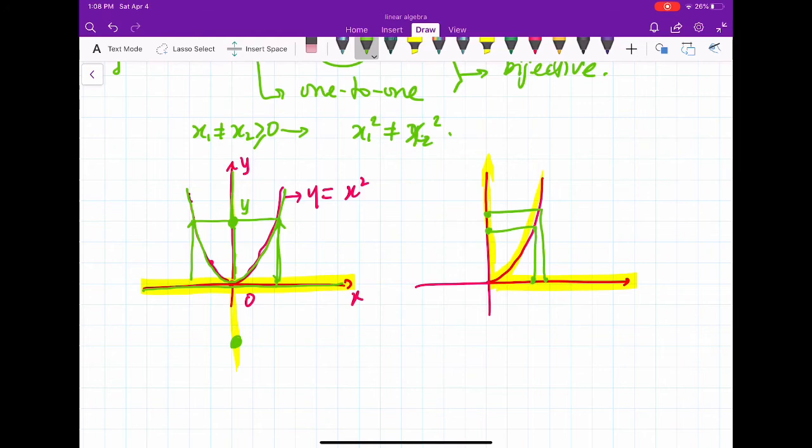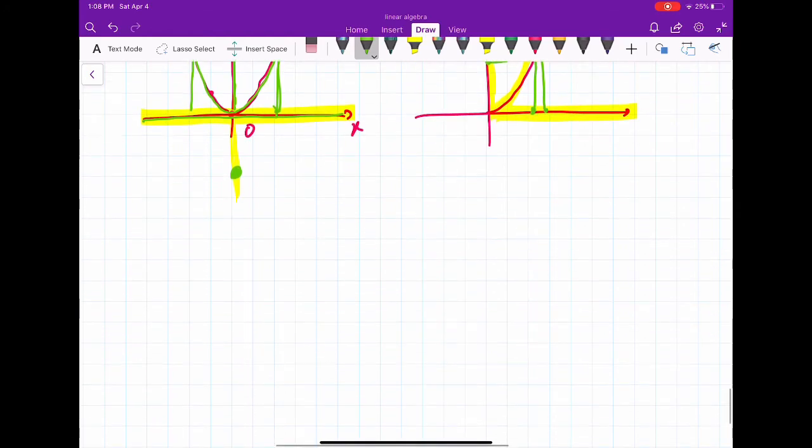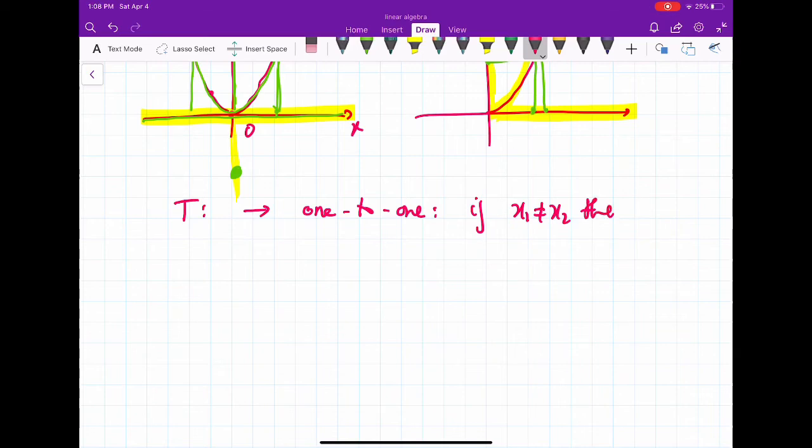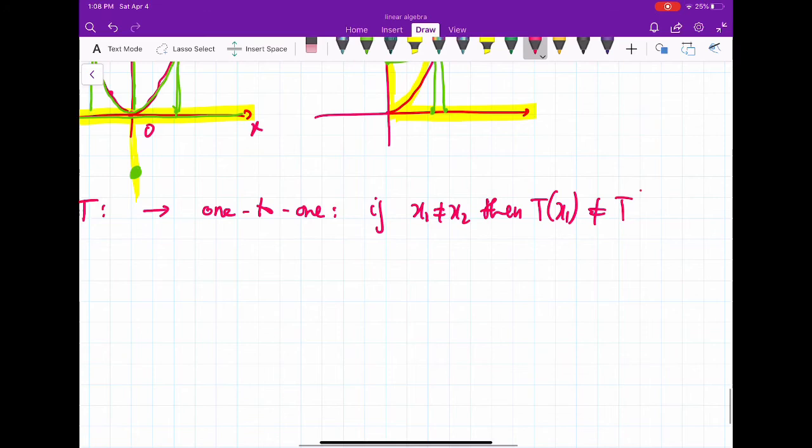That idea works in this situation for linear transformations. Basically, if you consider a linear transformation T, T is said to be 1 to 1 if x1 different from x2 gives you T x1 different from T x2.